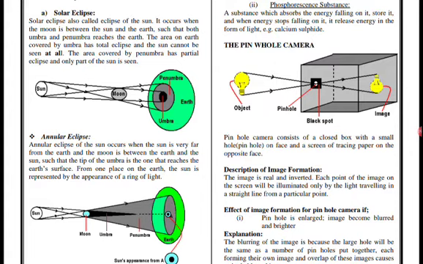So when you try to measure very well the distances of the image from the pinhole and the object from the pinhole, you'll observe that the image distance from the pinhole is smaller than the one for the object. That gives us the term that the image is diminished.